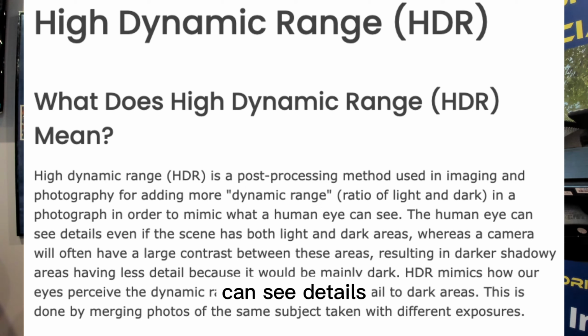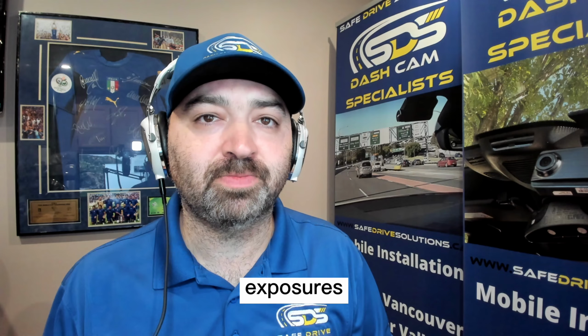The human eye can see details even if the scene has both light and dark areas, whereas a camera will often have a large contrast between these areas, resulting in darker, shadowy areas having less detail because it would be mainly dark. HDR mimics how our eyes perceive the dynamic range by giving more detail to dark areas. This is done by merging photos of the same subject taken with different exposures.